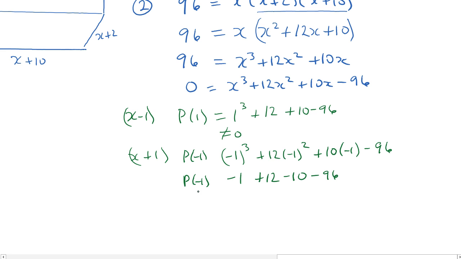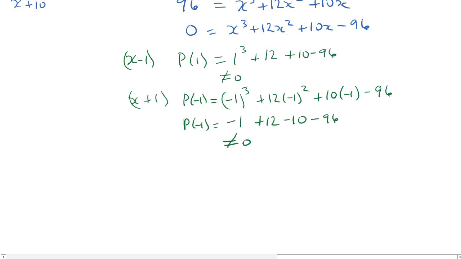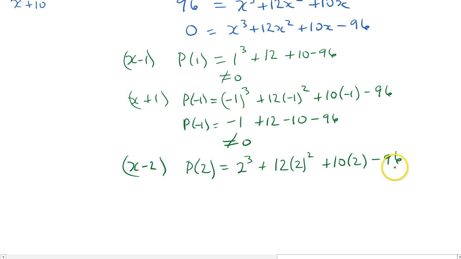Still, that minus 96 is just a little bit too much for the other terms to handle. Let's try maybe x minus 2, in which case our value would be p of 2, where I would get 2 cubed plus 12 times 2 squared plus 10 times 2 minus 96. 2 cubed is 8 plus 12 times 4 is 48 plus 20 minus 96.